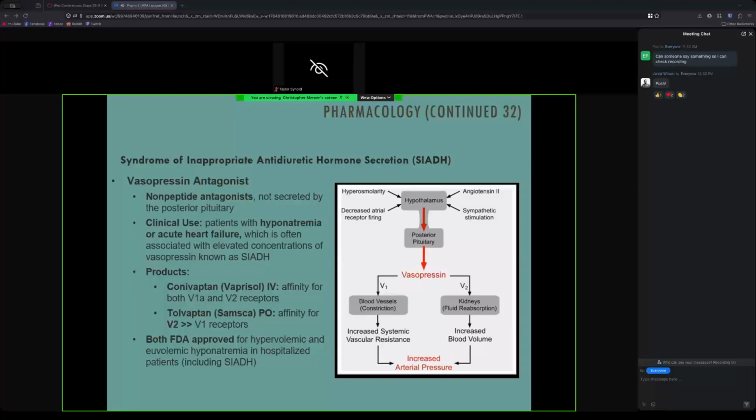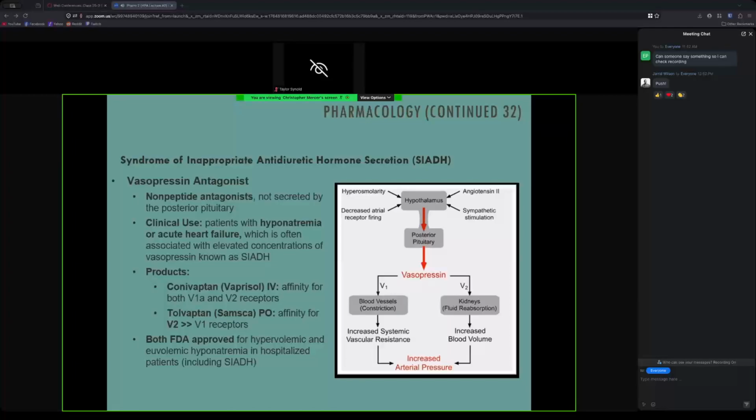So vaptans do have a contraindication, not indicated if you have hypovolemic hyponatremia. So low volume hyponatremia, we are not giving vaptans. So you got to know that volume status before you reach for vaptan.